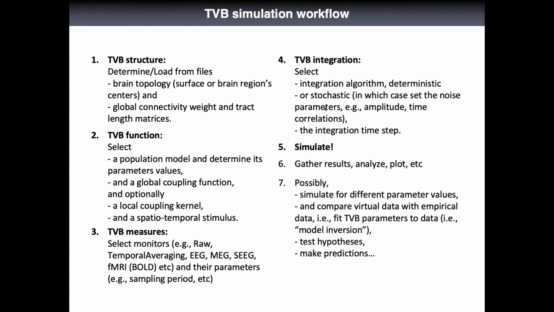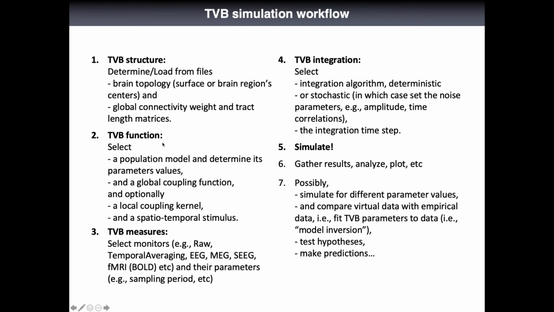Taking all together, the usual workflow for modeling and simulating with TVB starts with determining or loading from files the brain topology and the global connectivity, that is either the positions of brain region centers or the positions of faces and triangle matrices, if we do a surface-based simulation, and the matrices of weight and track lengths.